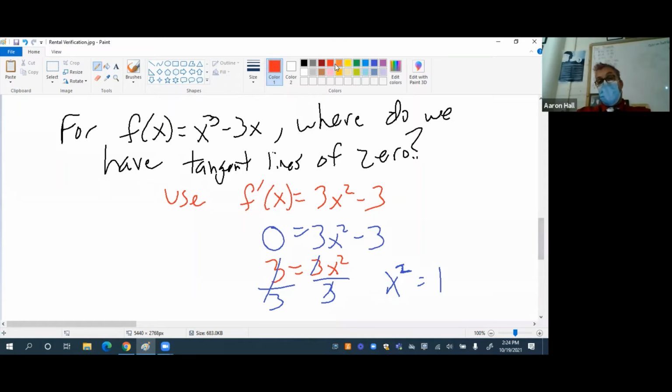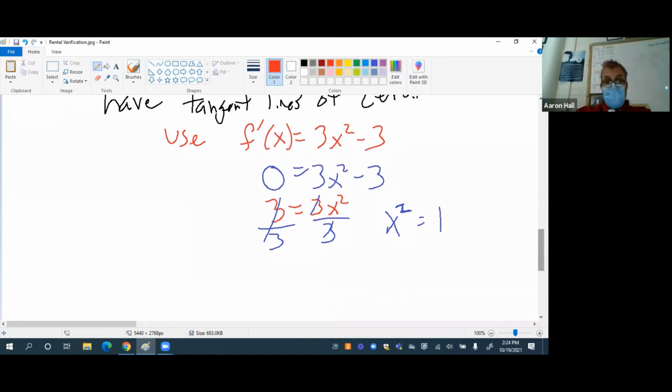When we take the square root, we need to remember something special. What is it? Yeah, we need to remember plus or minus the square root of 1. The square root of 1 is what? What times itself gives us 1? 1, yeah. So I have x equals plus or minus 1.